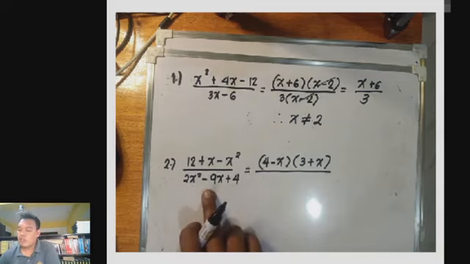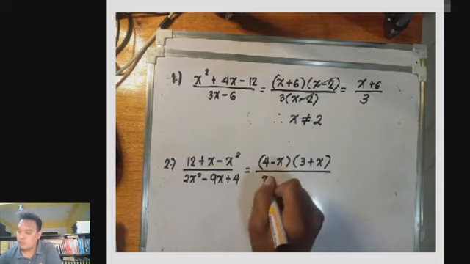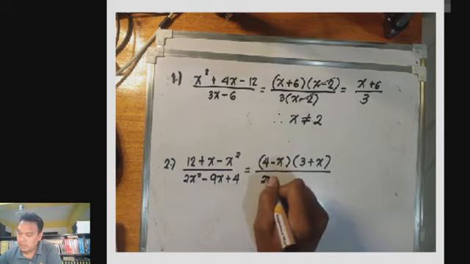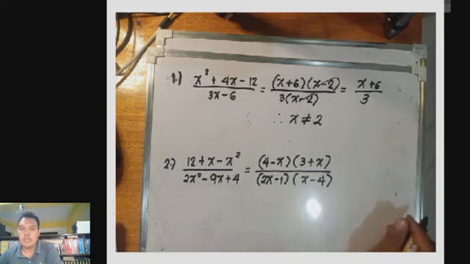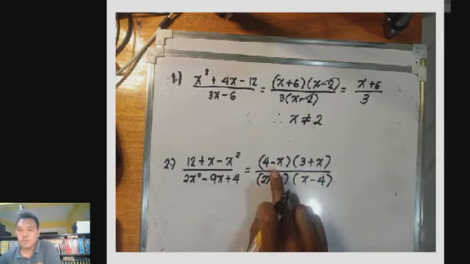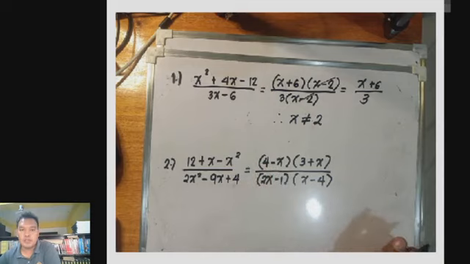If we factor this term, lalabas yan, we have (2x minus 1) multiplied by (x minus 4). Okay? So, hindi pa natin agad-agad maka-cancel, no? Kasi nga, iba yung term na to at iba yung term na dito.